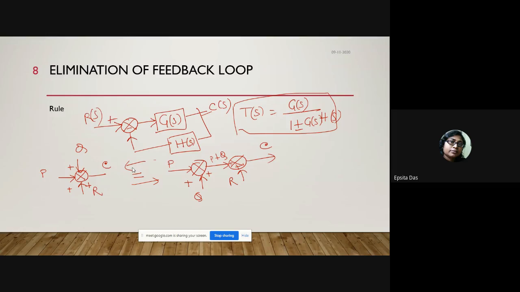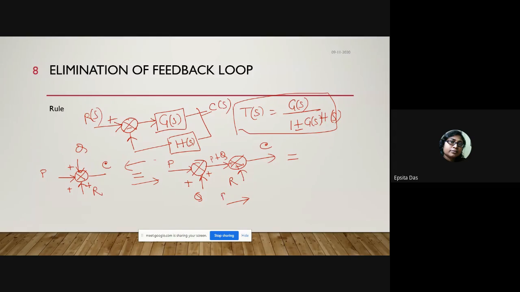Another thing, suppose there are two summing points, if it is required, you can interchange the positions of the summers. I will not be able to write it in the previous way, so I am giving another example.